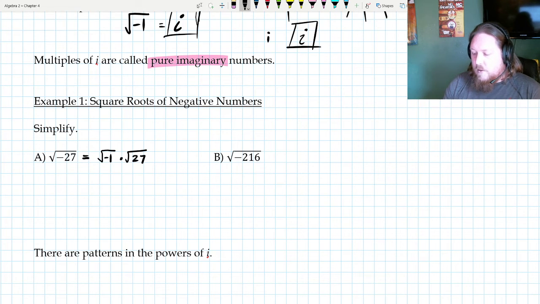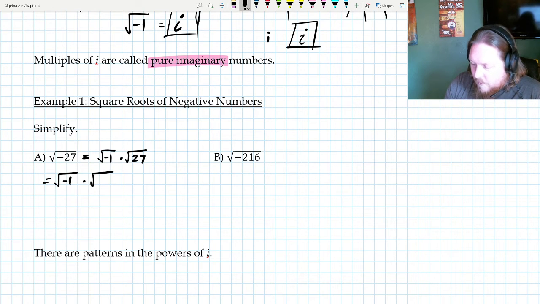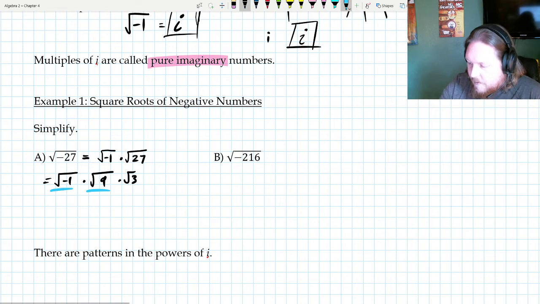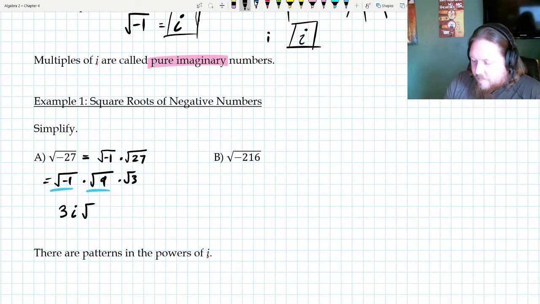Now, square root of 27, well, 27 is the same as 9 times 3, right? So I can break that apart. And you can see here, now there are two of the things that I can actually take the square root of. I know the square root of 9 is 3. The square root of negative 1 is i. And the square root of 3 just stays how it is.